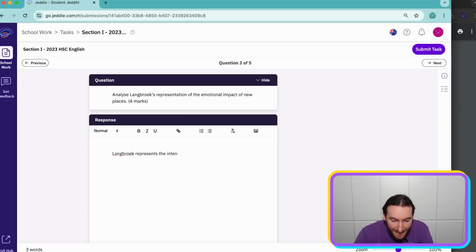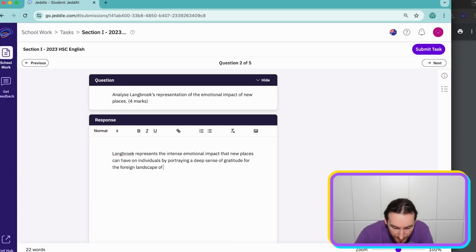The intense emotional impact that new places can have on individuals by portraying a deep sense of gratitude for the foreign landscape of Italy.